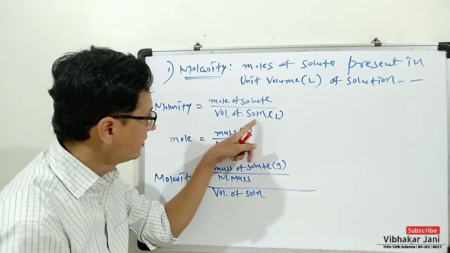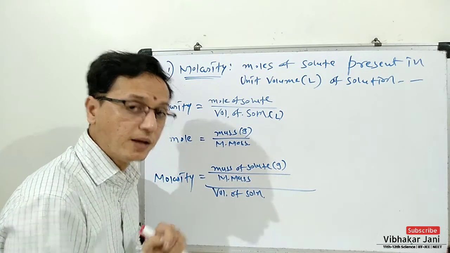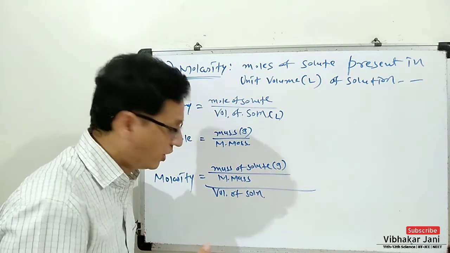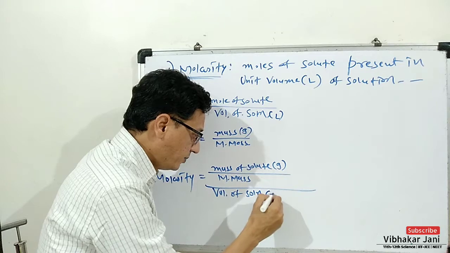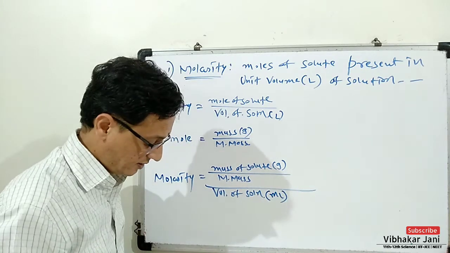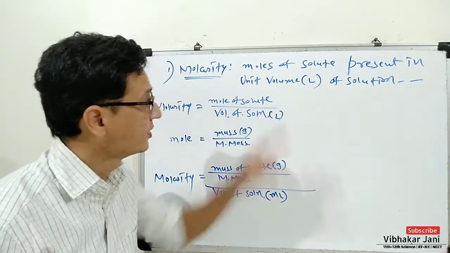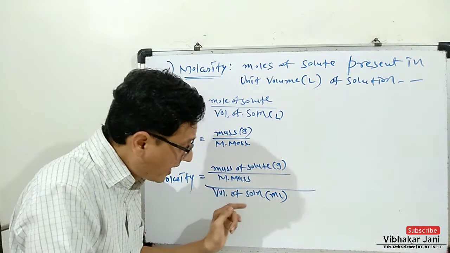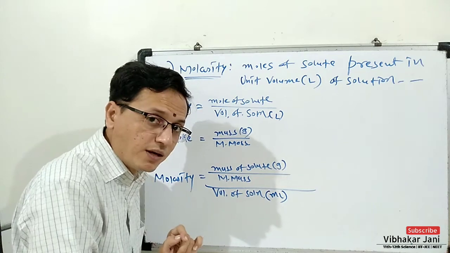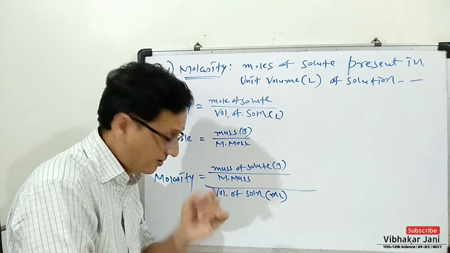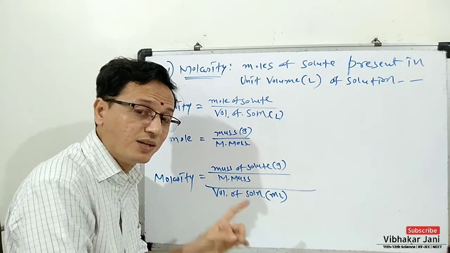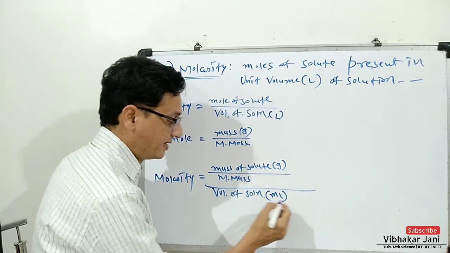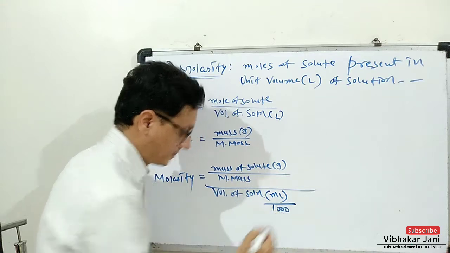But according to definition, volume should be in liter, but practically we have to take volume in milliliter. So here, if I write milliliter, then it will not be correct according to our definition. So, though I am writing milliliter, but still it indicates the volume in liter, and for that I have to divide this milliliter by 1000.